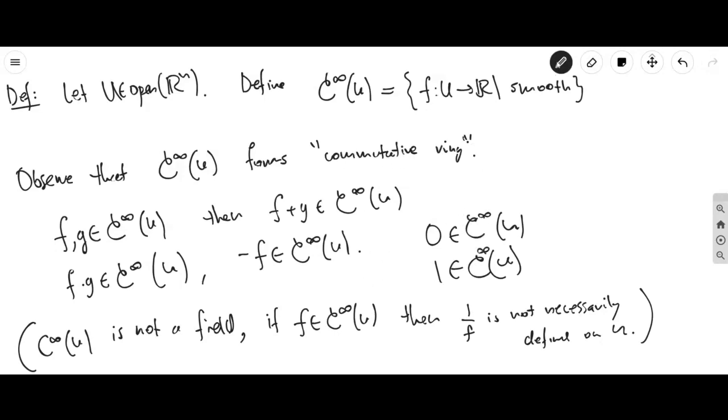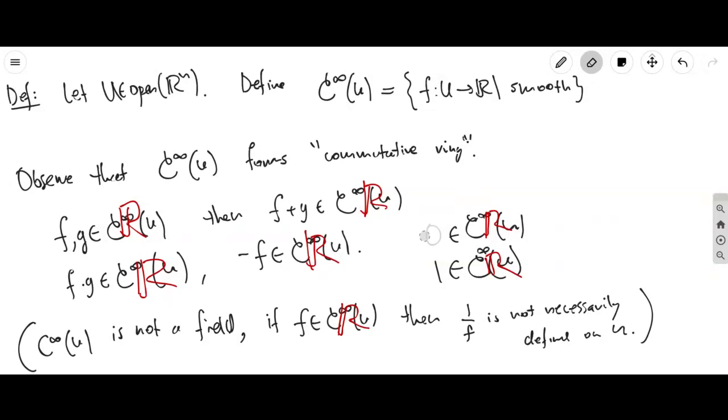It's very similar to what you have with the real numbers, right? If two things are real numbers, then the sum is a real number, the product is a real number, there's a negative for every number, there's a 0 real number, a 1 real number. But with real numbers, you have this nice property that if you pick something among the real numbers, excluding 0, the only exception is 0, every real number has a multiplicative inverse. But that's not true for functions.